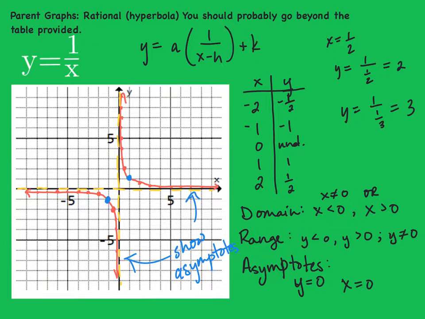The locator point is not actually on our graph. The locator point is where the asymptotes cross. Try that again.